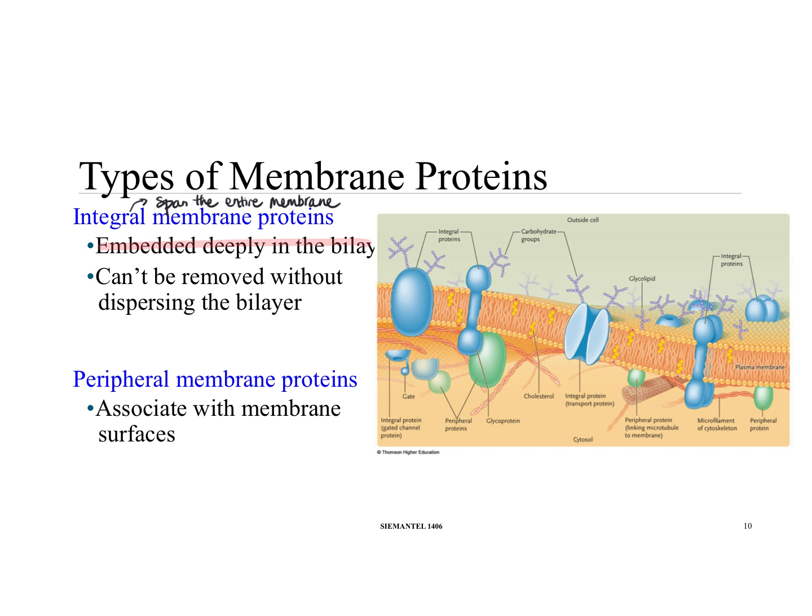So the way I need you to think about it is these integral proteins span the entire membrane. If we look over here, here's an integral protein, and notice how it goes all the way through from the outside of the cell all the way through to the inside of the cell. Every integral protein is going to do that.